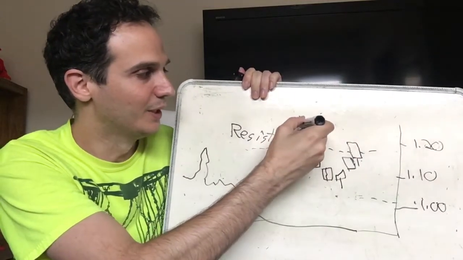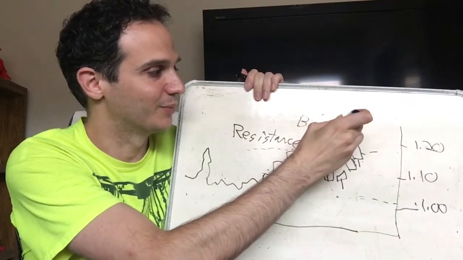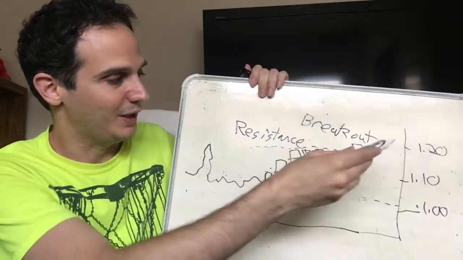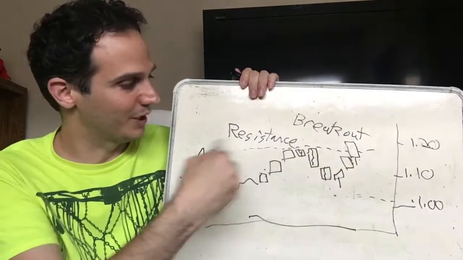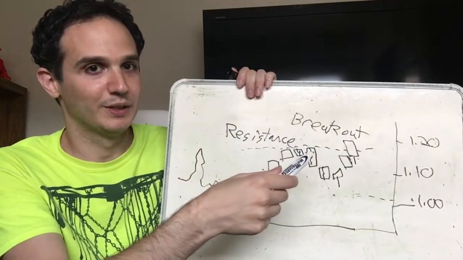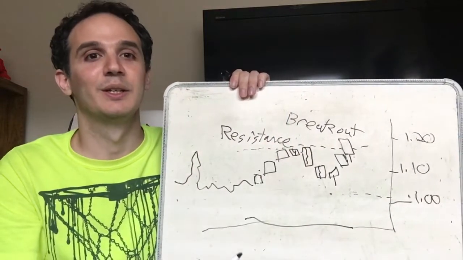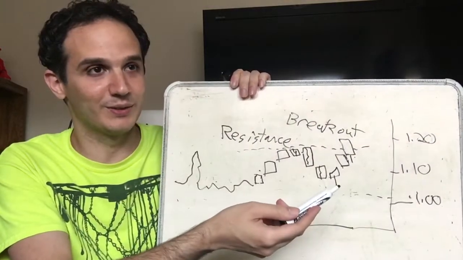This is what a breakout would be. Okay, so breakout. A breakout is when the stock goes above resistance on a chart and makes a new high. Okay, so that's support and resistance.